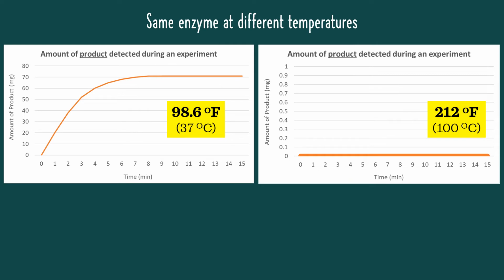Contrast the function of that enzyme at that temperature level with its function at a different temperature level. So on the right, we have the same experiment, except we've heated the test tube to boiling. So 212 degrees Fahrenheit is the same as 100 degrees C, and this is the temperature at which water boils at sea level. And here, notice the amount of product detected in our test tube remains 0 at all time points.